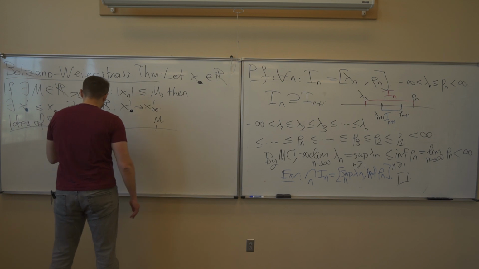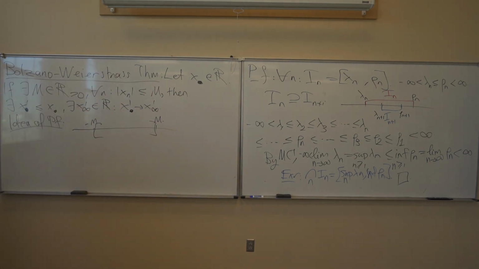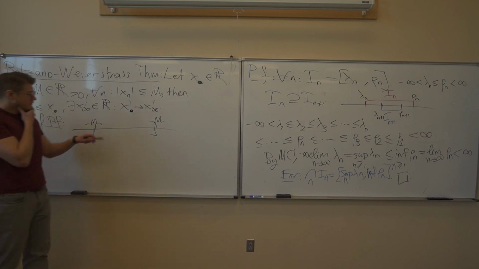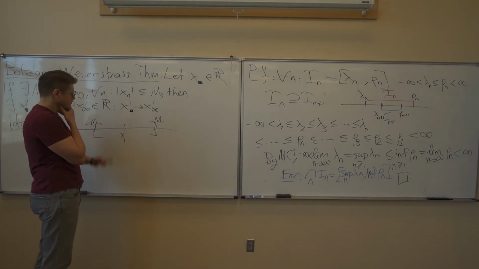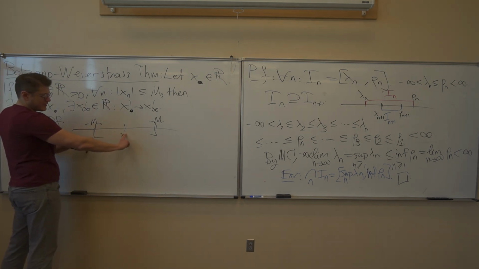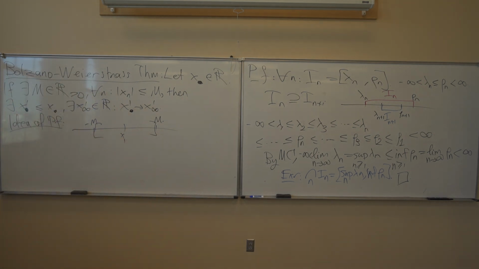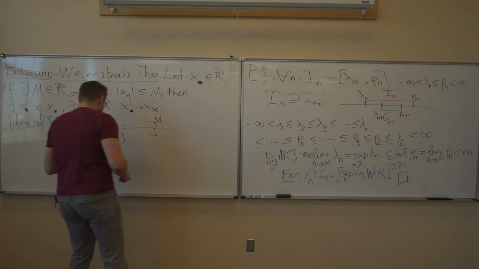It's not escaping. Well, look at the first place. Where is my sequence at time 1? Let's say that we started at time 1. Well, it's somewhere here. There's a subset to the left of x1, and there's a subset to the right of x1. Let's call them L1, R1.